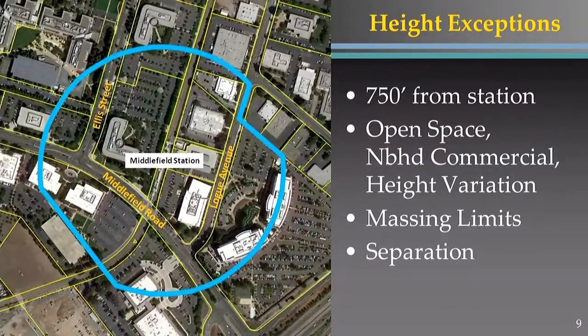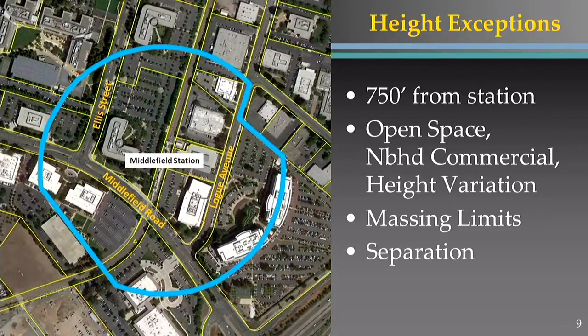So I'm not in general in favor of the increase in height. I might be persuaded if there were more restrictions on how it was applied, so that we're not going to end up with all of the 135-foot buildings right on both sides of Middlefield Road.